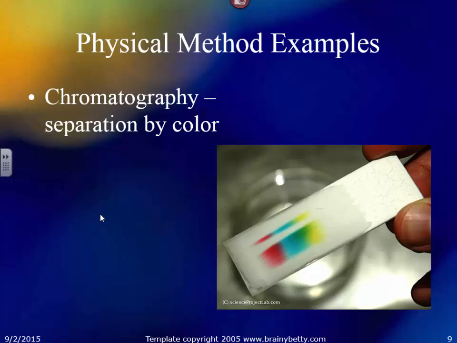I would have to change what I was trying to dissolve the ink with. So I might have to use something like rubbing alcohol or fingernail polish remover. But all we do for chromatography is put a sample of your ink on a little piece of paper, let the solvent run through the paper, and it separates the ink into whatever colors it's made of. This particular one started as blue, black, and yellow. There's a lot more colors than that on it now, which is pretty cool.